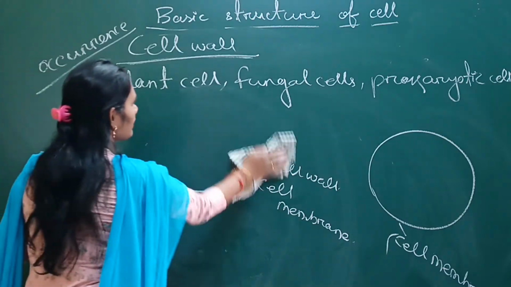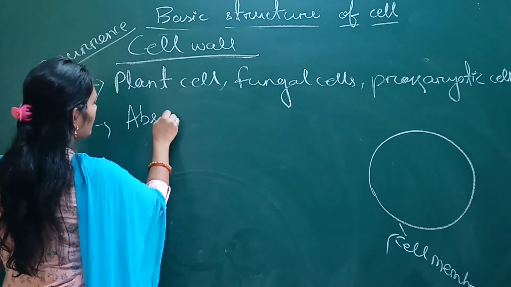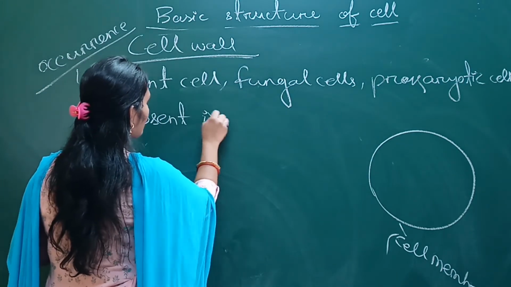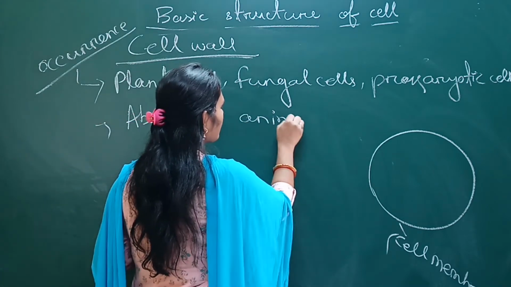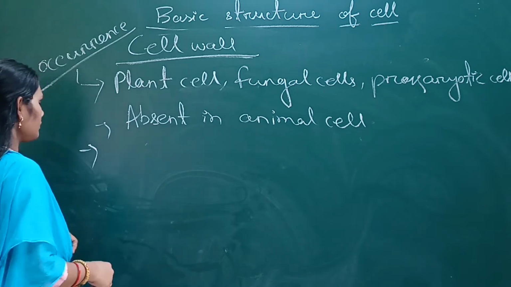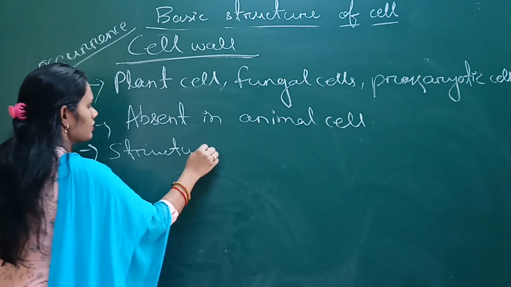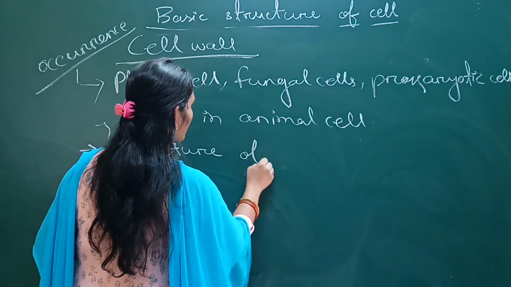So the cell wall is absent in animal cells. Next come to the structure of a cell wall, or the components or composition of a cell wall.